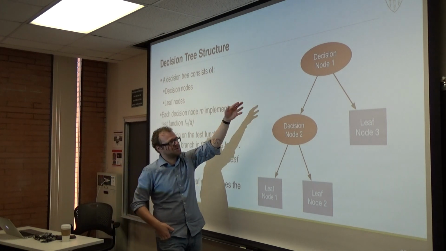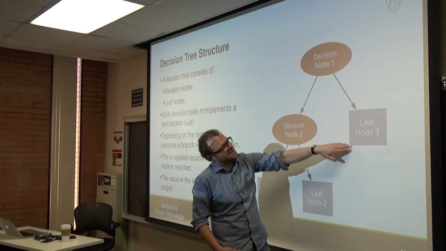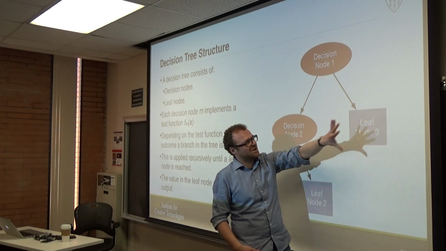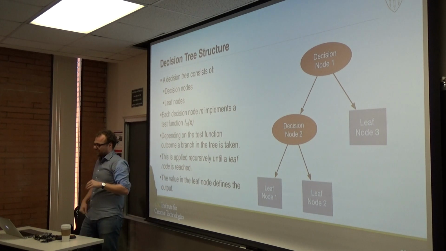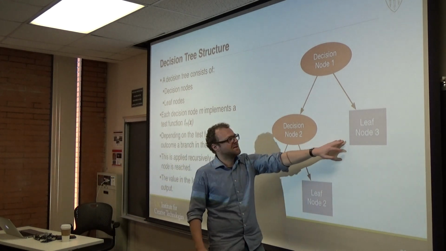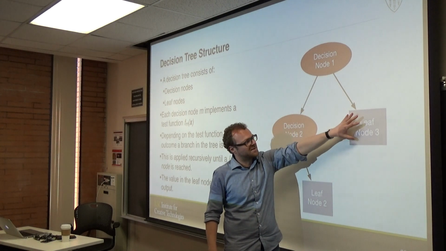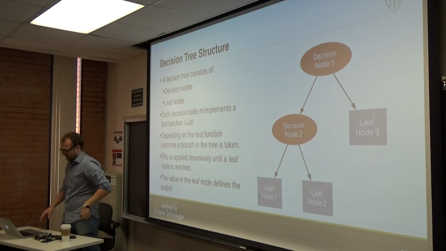You have decision nodes where you make a decision yes or no, and you have leaf nodes, where you stop at this point, and for a new item that ends up in this leaf node, you would just choose the dominant class in that one. Okay.